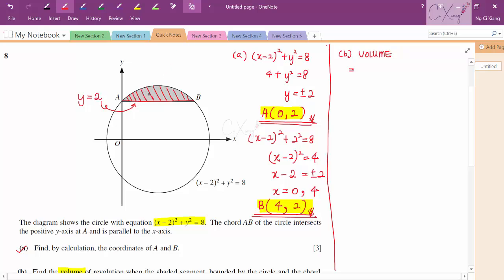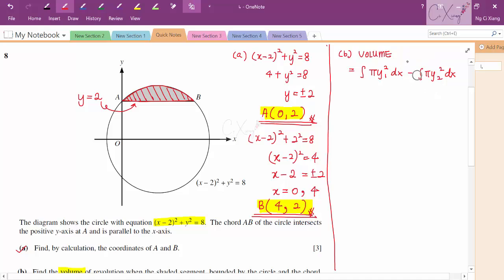So you can see that for this area, it is covered by the circle first. The circle is the higher function, and the line is the lower function here. Since it is covered by the curve and also the line, when I apply the integration so that I want to get the volume, the formula will look something like this: pi y1 squared dx minus pi y2 squared dx.